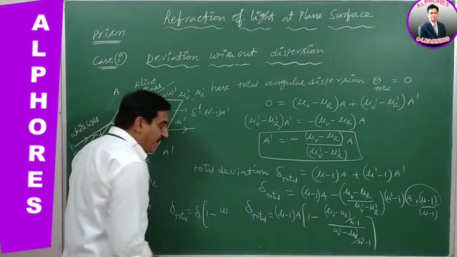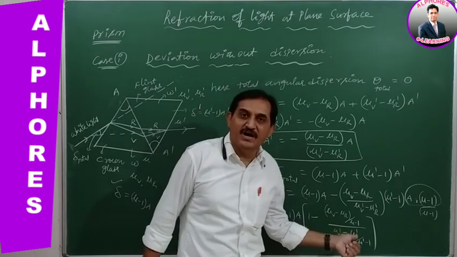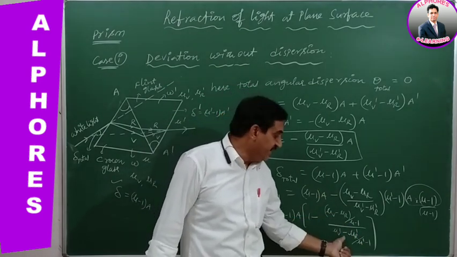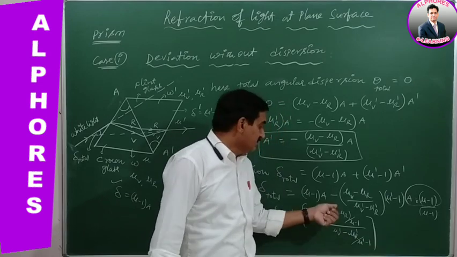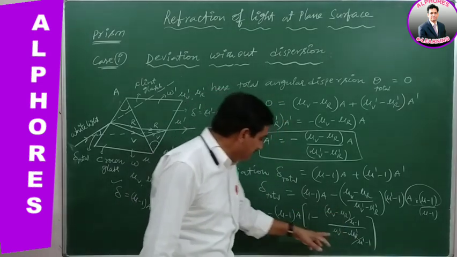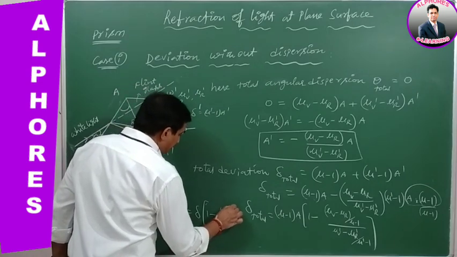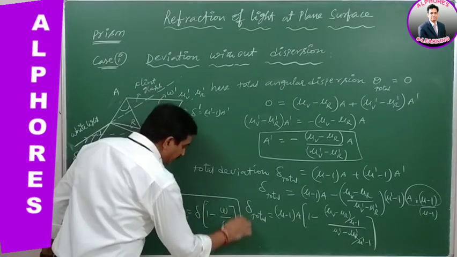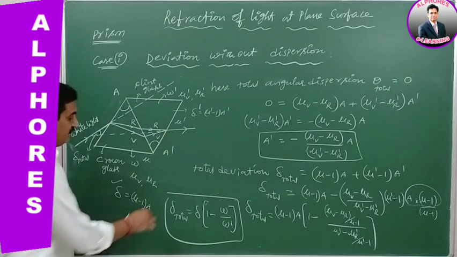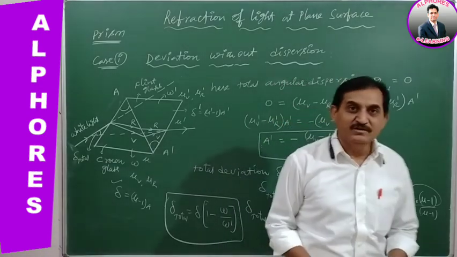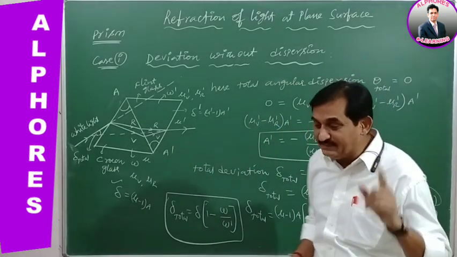The dispersive power formula is μV minus μR by μ minus 1 and μV dash minus μR dash by μ dash minus 1. This is the dispersive power of the first prism, and this is the dispersive power of the second prism. Finally you are getting the total deviation. So this is avoiding the total angular dispersion, only giving the total deviation.